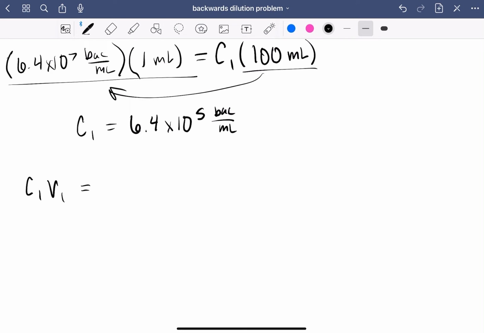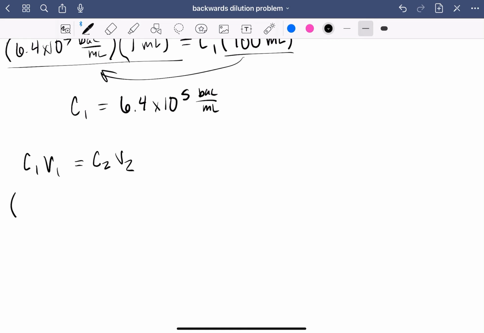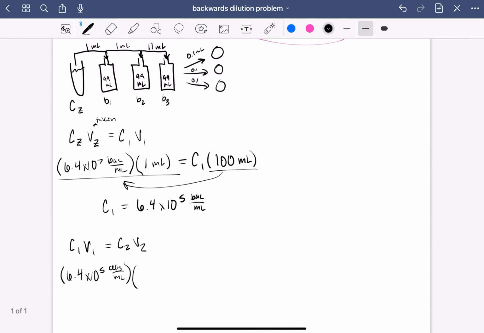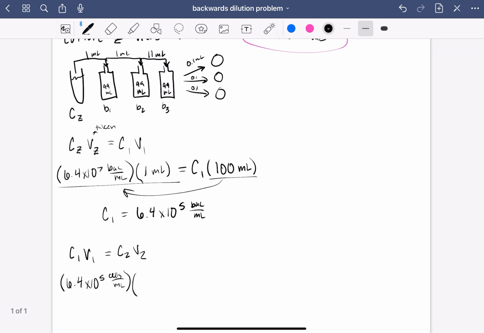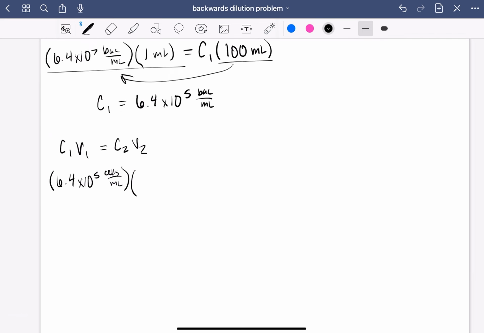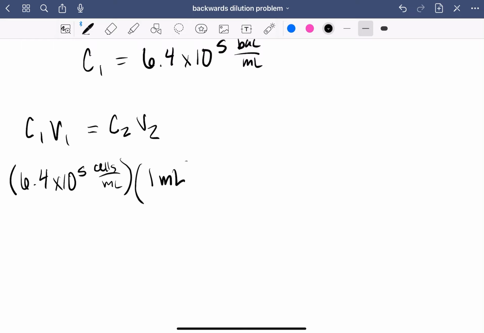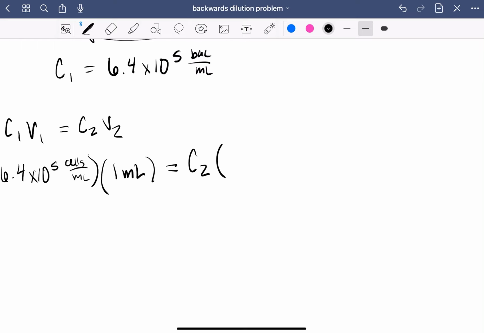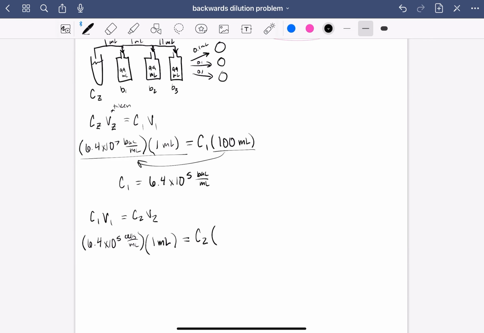Okay, so then we can move on to C1V1 equals C2V2. Just the same way as above, we're going to put in the 6.4 times 10 to the 5th cells per mil, the volume taken out of bottle 1, which is just 1 mil, equals C2 is what we're looking for, and then volume 2 is just going to be the total volume of bottle 2, so that's going to be 100 mils.